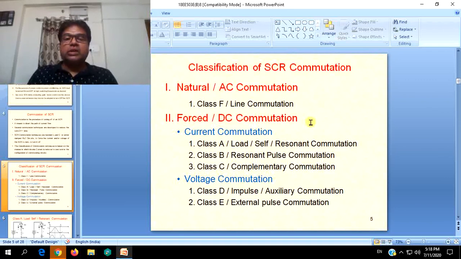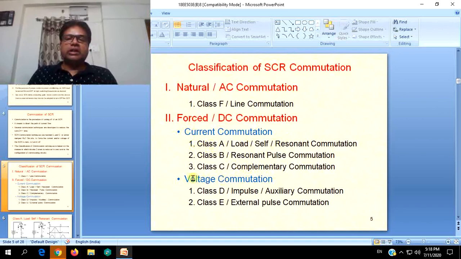So to do that, obviously we have to employ some other means or procedures and different circuits to forcefully turn off the SCR, or to forcefully decrease the anode current, or to forcefully apply a reverse voltage across the SCR. That is why it is called forced commutation. Again, forced commutation is divided into two different types: current commutation and voltage commutation.